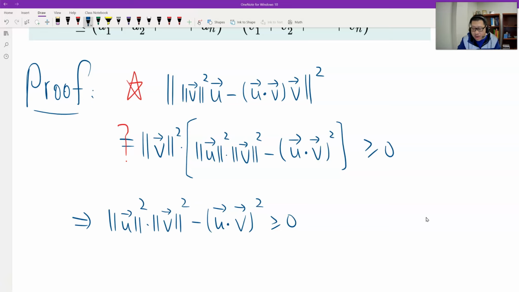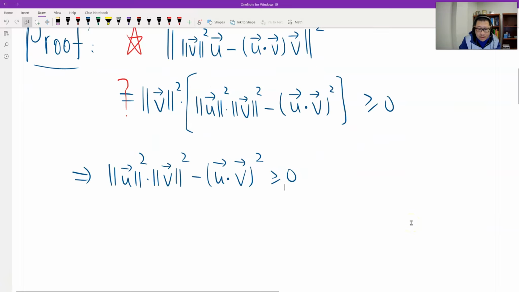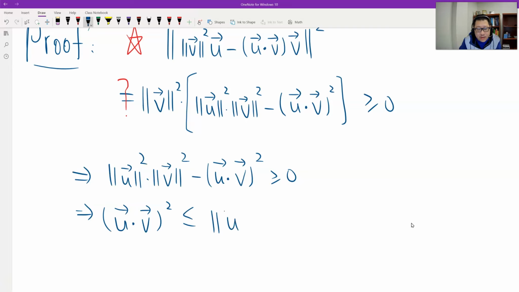And then you work on it. It's easy to get the result. So what do we have? We have u dot v squared should be less than or equal to this term.